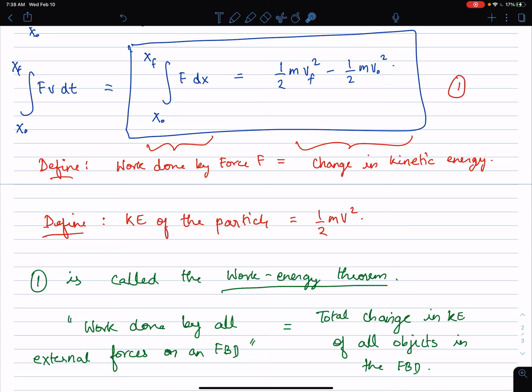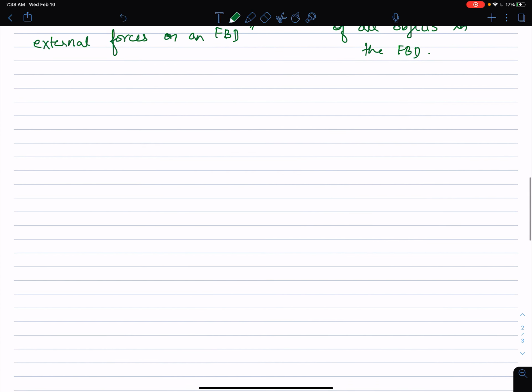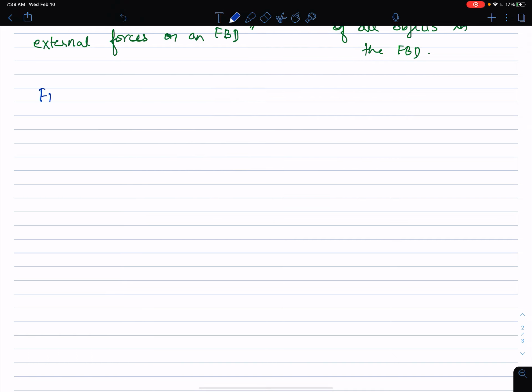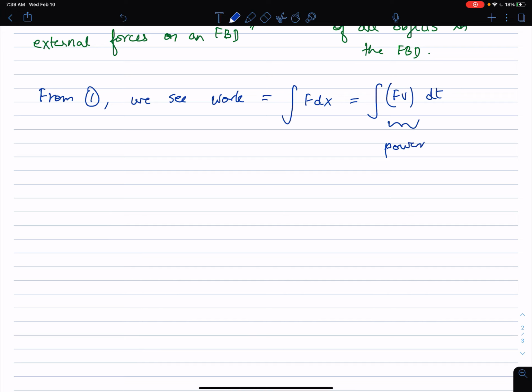So let me make a couple more definitions. Equation number 1 can also be written in this manner: integral F v dt. So basically, let's go back up. From 1, we see work equals integral F dx. It's also integral F v dt. Okay. And this quantity is basically called power, or mechanical power.